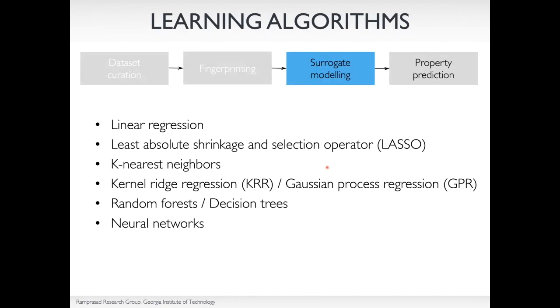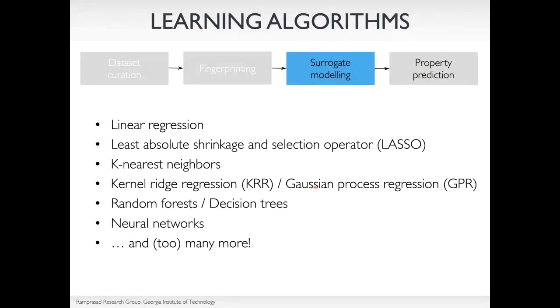I'm just going to give you a flavor for how this KRR or GPR works, and then also a flavor for how neural networks work. And of course, there are many more. These days, there's just an alphabet, so there are compendiums written on the different algorithms that one can use. There are just way too many out there.